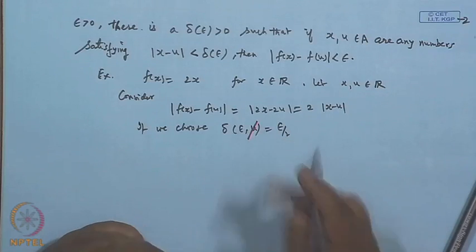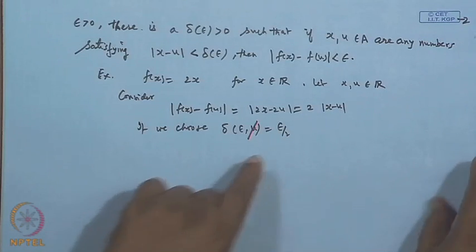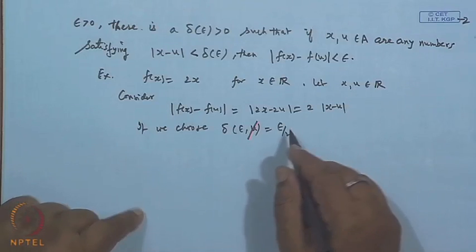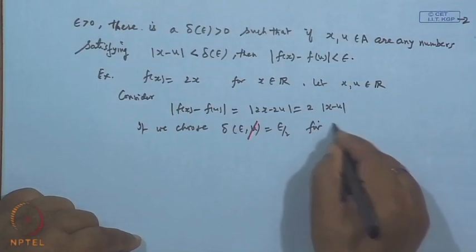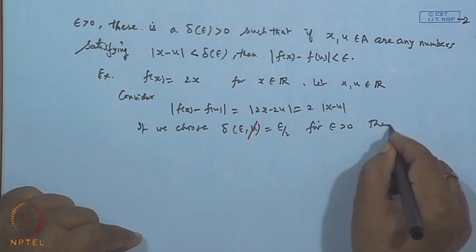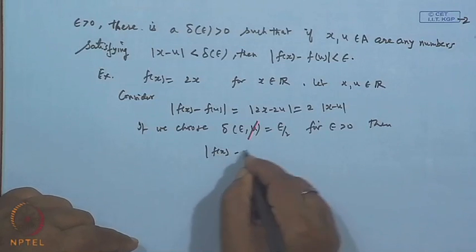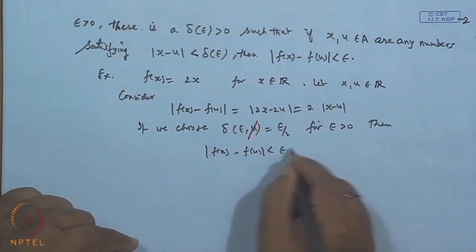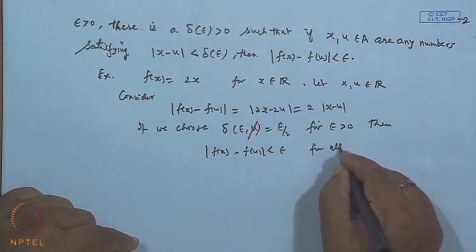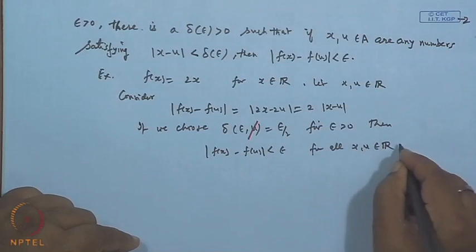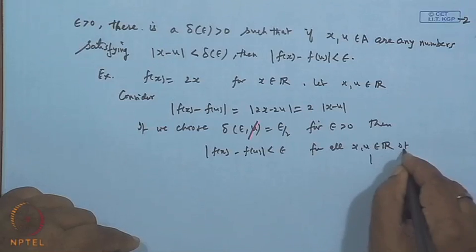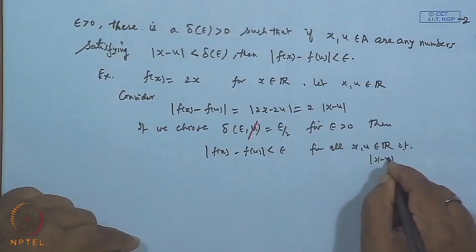So, if I take this delta, then for all epsilon greater than 0, this condition holds: less than epsilon for all x and u belonging to R such that mod of x minus u is less than delta.